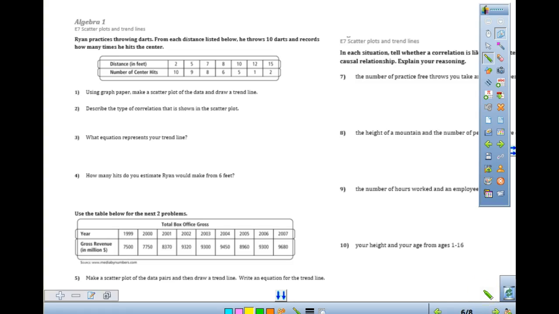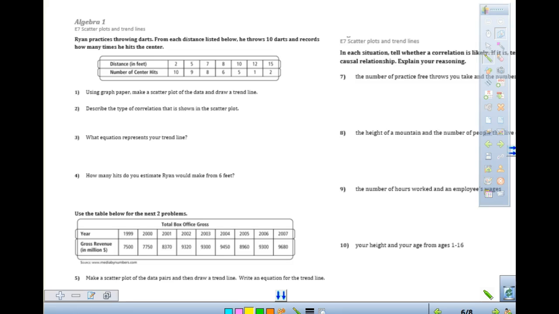In your homework, this is where I'm referring to the graph paper. On your graph paper, you will plot your points for number one, and then for number 5. You will use half the graph paper for the top half, you'll use the other half for the bottom half of the question. On that graph paper, you will show me all of these steps of getting your equation.